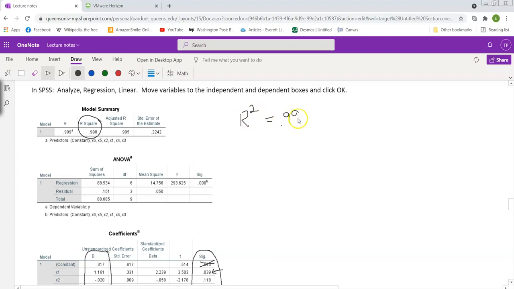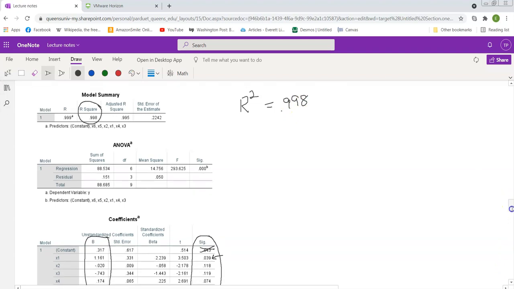Equals 0.998. This was for the one where we were using x1, x2, up through x6 to predict a value of y.